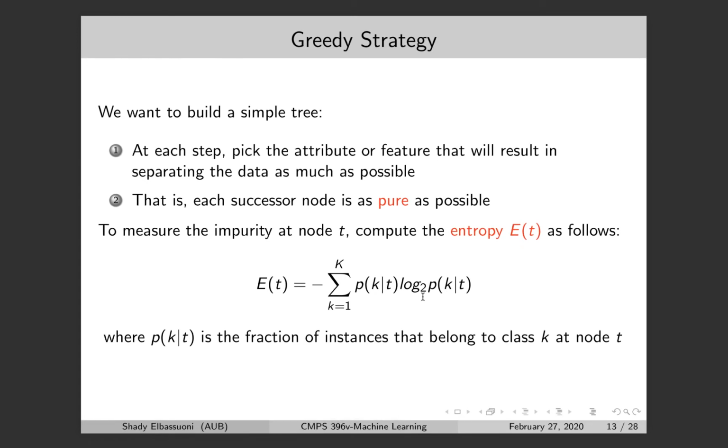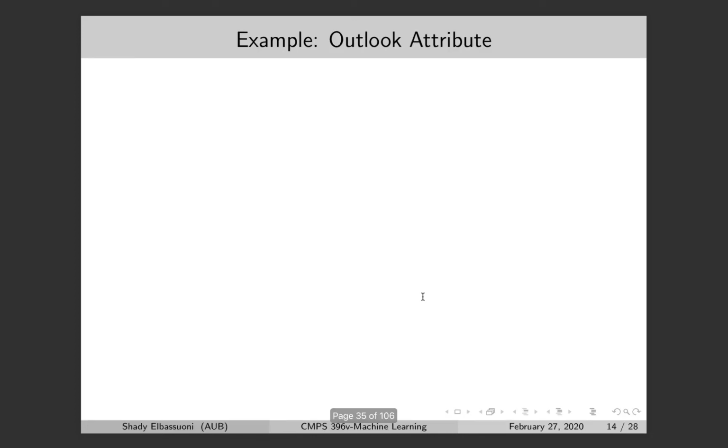So Pk of T is the fraction of instances that belong to class K at node T. Let's look at an example. Outlook attribute. So outlook equal to sunny.